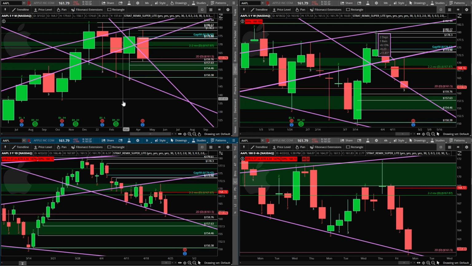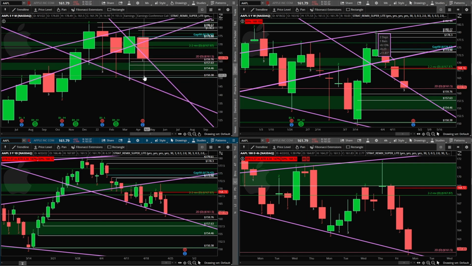As of right now, we're coming up on the last week of April, I think. Apple is 3-1 on the month. If by some crazy chance, and it's still possible because it's only 11 bucks away, we reach 150.38, the low, that would take us 2 down for the previous month.